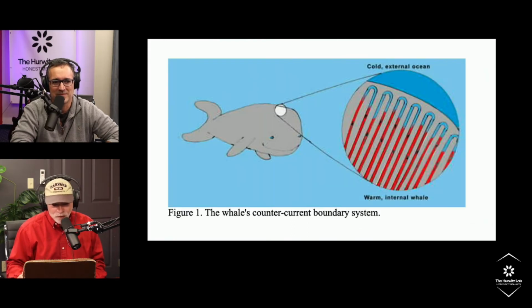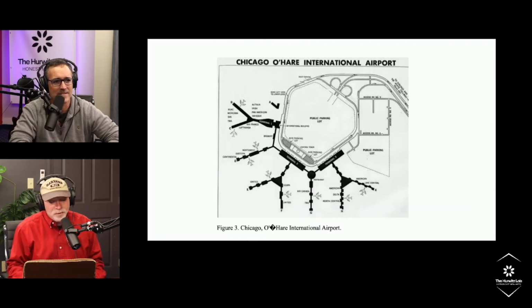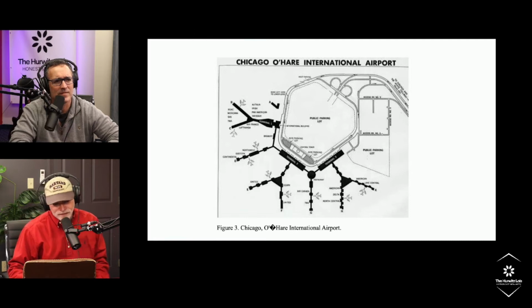Okay, but what he does first, here's a picture from his little paper that shows the whale's countercurrent exchange system. Again, he's interested in the boundaries, and this is why the whale doesn't freeze. And then this is his figure, a 1997 view of a terminal at Chicago's O'Hare Airport.